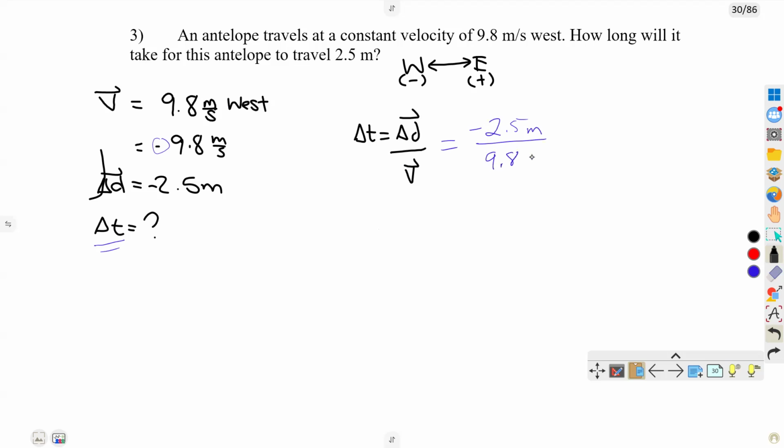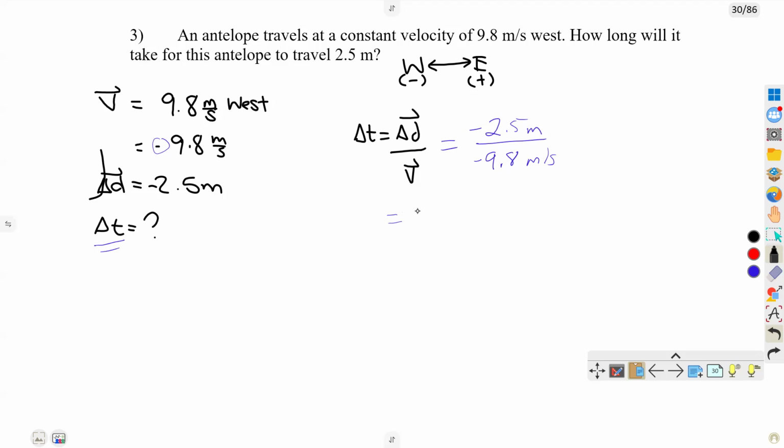The velocity is 9.8 meters per second, but because we're also going west, that's also a negative direction. Now, the nice thing is that since time is a scalar quantity, we don't have to worry about direction. The 2 negative signs are going to cancel each other out anyways to give us a positive. We don't need to worry about a sign or anything like that.